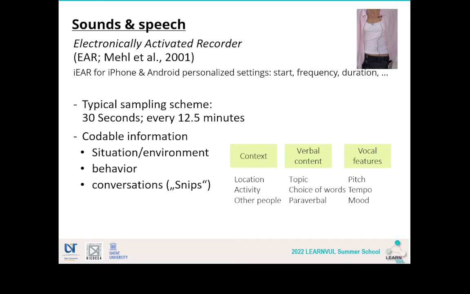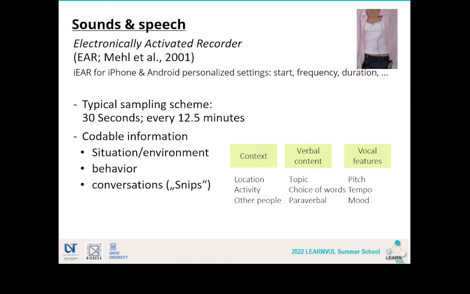The verbal content, so you can also have information about what kind of language I'm using, depending on the context and with whom I am, okay? Vocal features, so pitch, tempo, mood, so the prosody. You can gather information from all these audio snips that are taken.